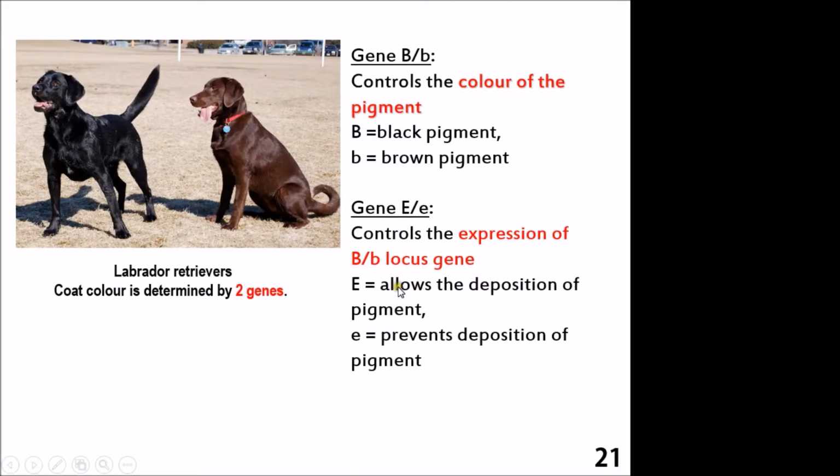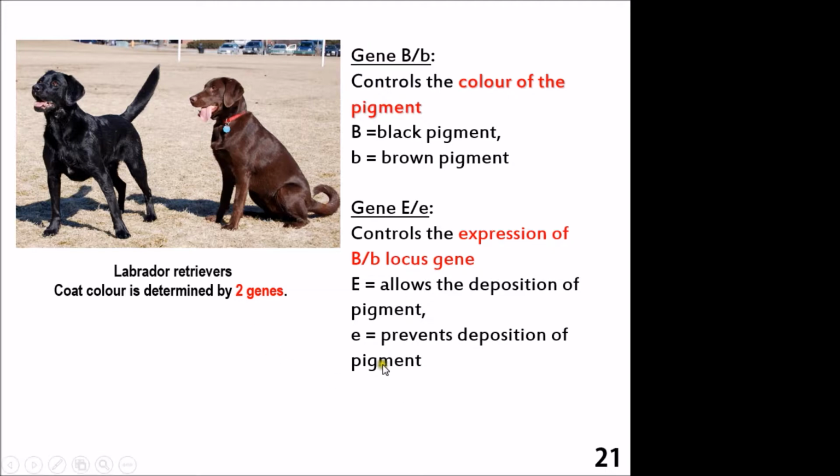Gene locus E controls the expression of the alleles on locus B. So if you have one big E, you will allow the pigment to be deposited, and you will see brown or black dogs.